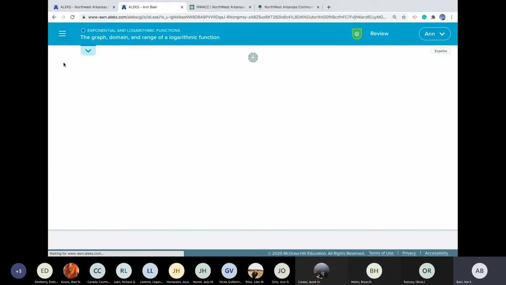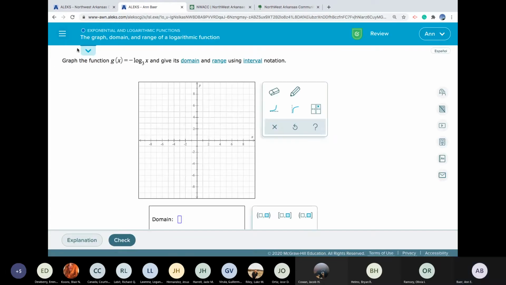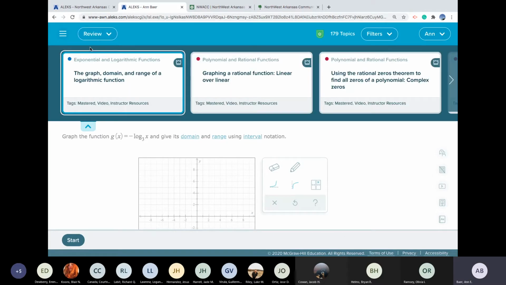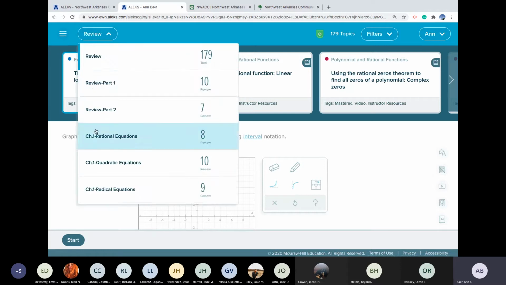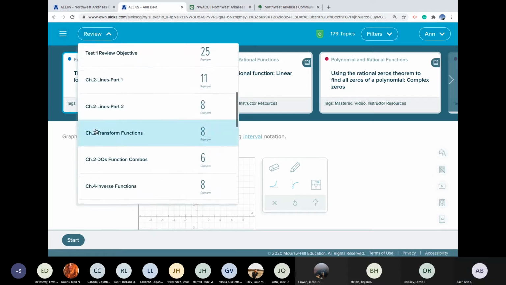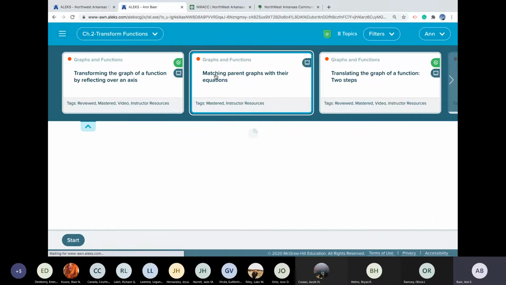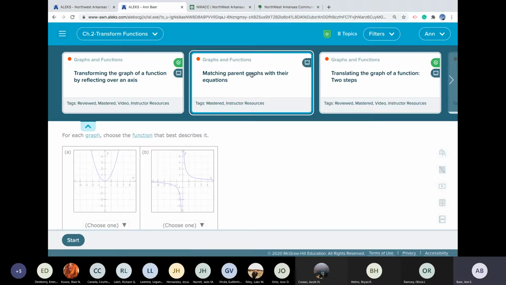I have all the topics in review mode, so I can get to them all. And I'm going to click on transform functions right here. So let's start by looking at matching parent graphs with their equations.